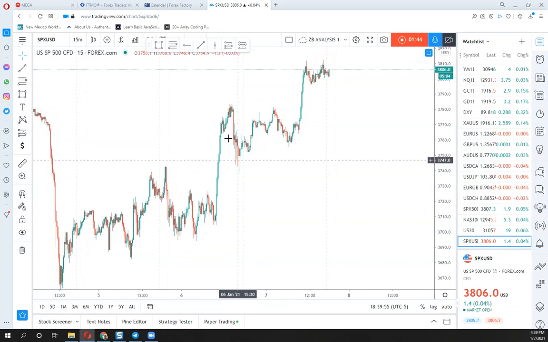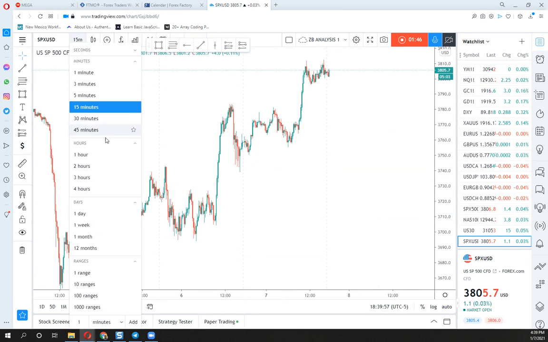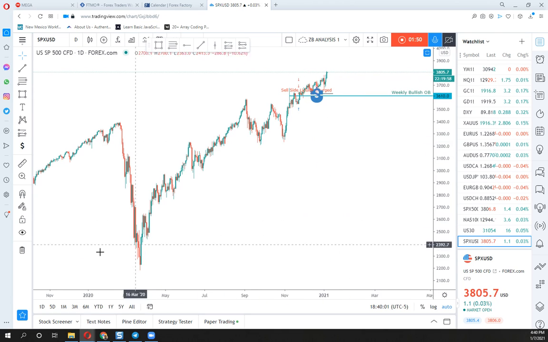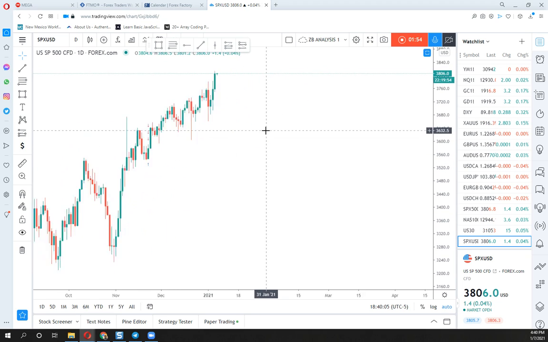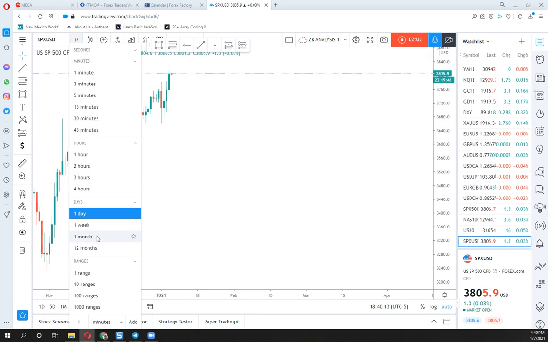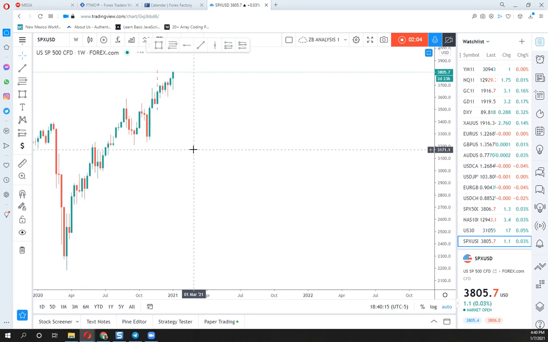So, I'm just going to start from scratch and then talk about the high time frame. It was bullish, right? Bullish. Although we had a little decline, and that decline was simply to test a previous order block. And I like to check the weekly first and foremost.